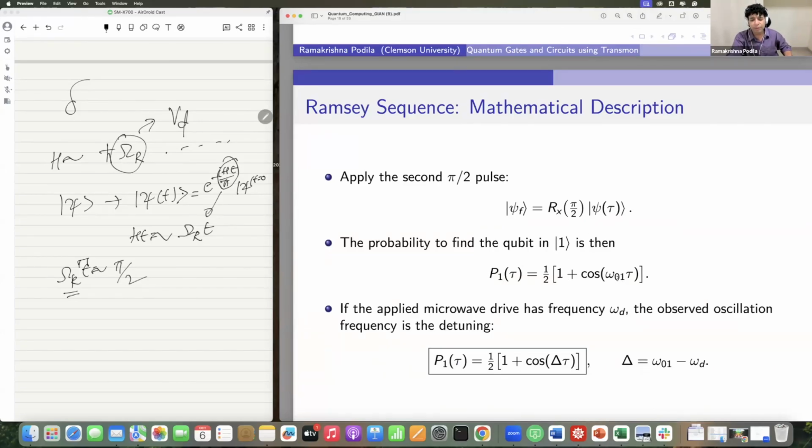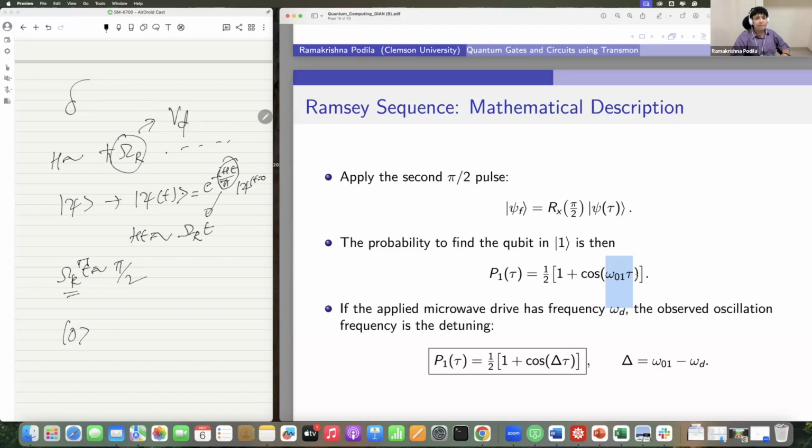Whatever that probability is must have this omega 01. So we begin with a zero state, apply one pi by 2 pulse, let it freely evolve, apply another pi by 2 pulse, and measure the probability of finding the state in one. That's how we can measure this omega 01.